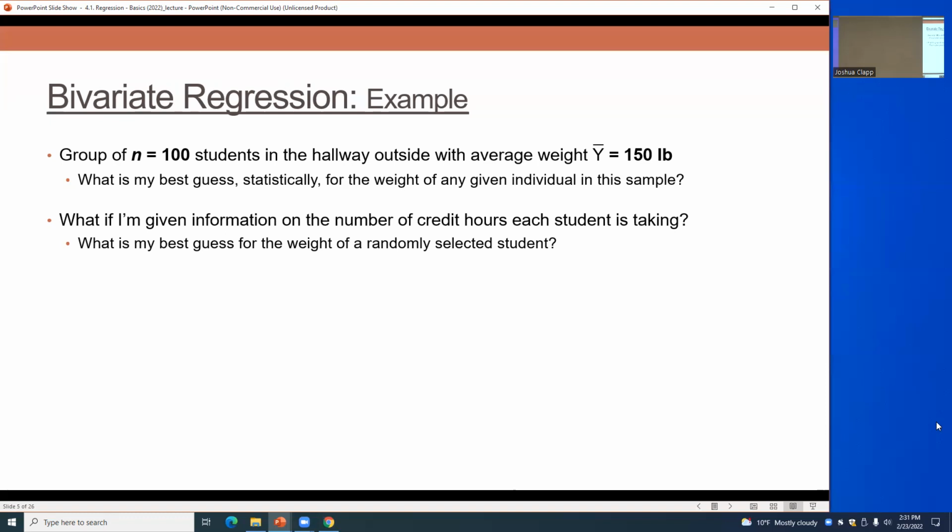The mean, but you have additional information. I've given you additional information about this student. Irrelevant. Why is it irrelevant? They're still part of that 100 student sample. They're still part of the same sample with the 150, but why are you not making any adjustment based on knowing the number of hours they're taking?